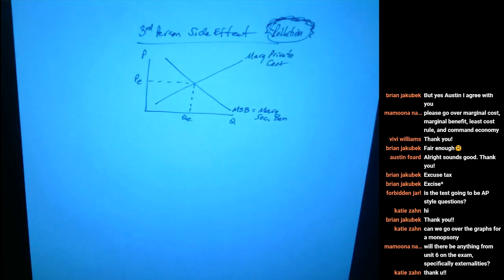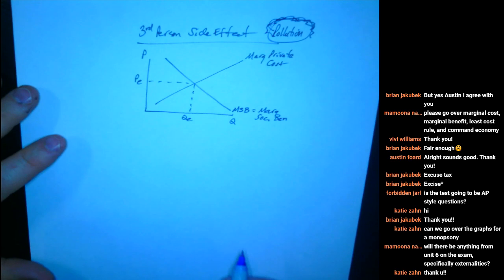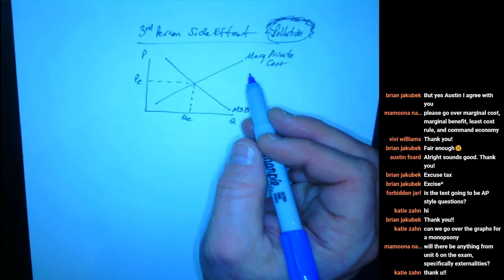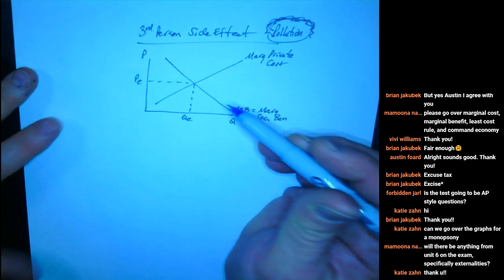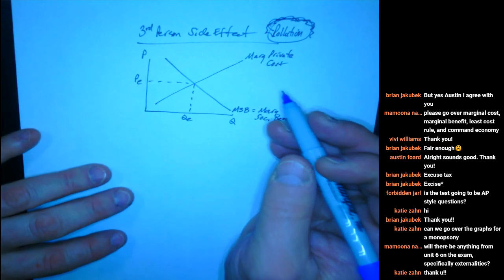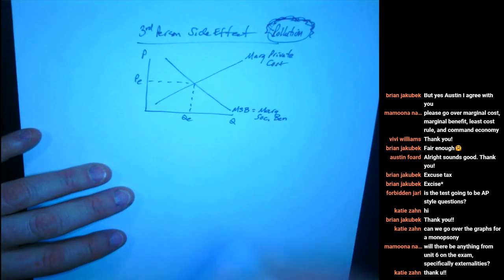Pollution is going to be a negative externality. I can't think if it's a positive, but it's definitely a negative externality. So obviously there's a marginal private cost to the company, you know, produces pollution and so on. They got to pay for it there. But there's some type of cost of production.